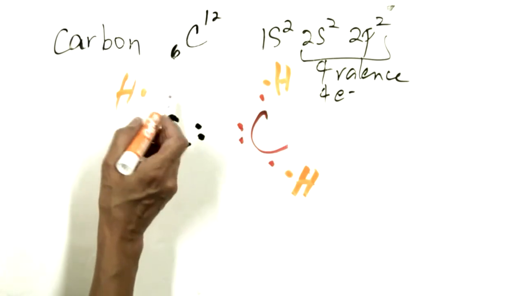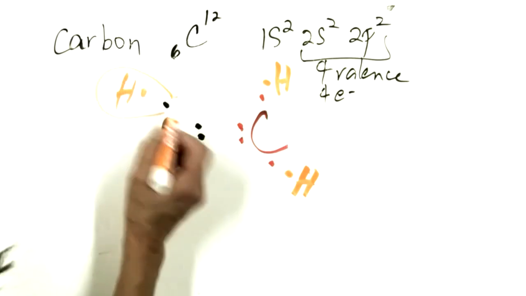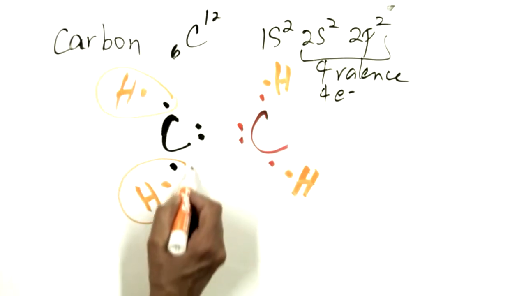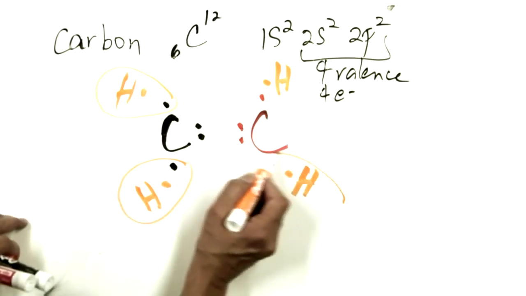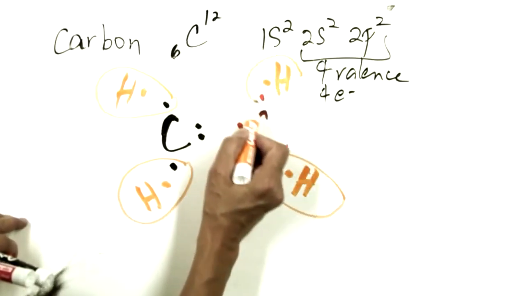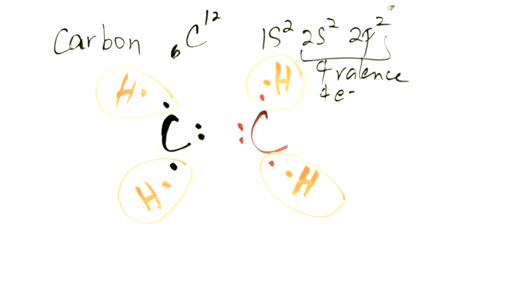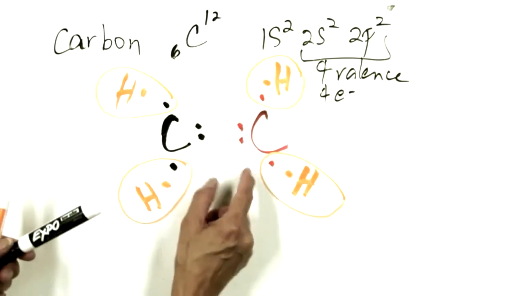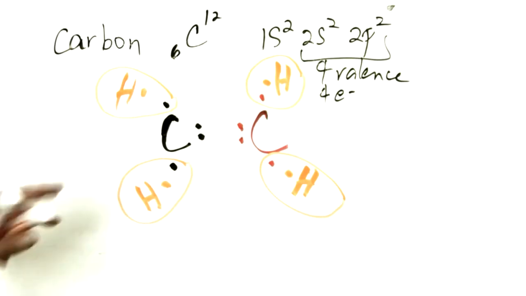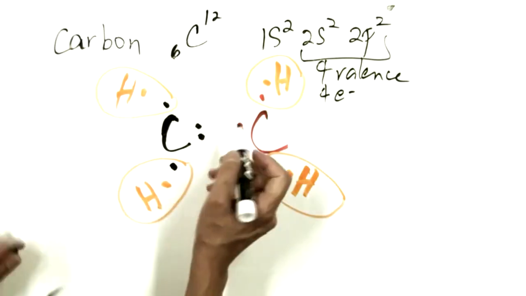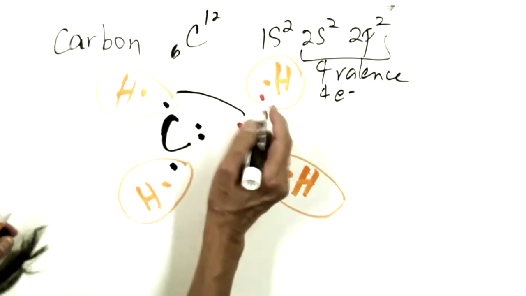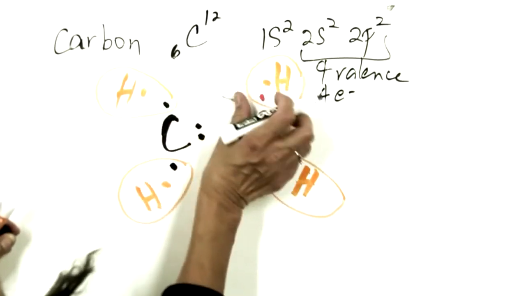This hydrogen will share a pair of electrons with this carbon, and so with this hydrogen, and this hydrogen. And this carbon here will also share 2 pairs of electrons with carbon together with hydrogen. So in the end, this carbon is going to have this structure, right?